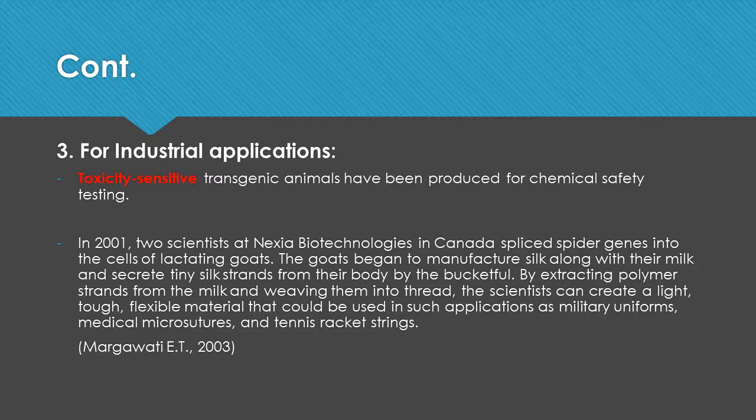So they produced a transgenic goat that not only produces milk but also a thread, a tough flexible material that can be used in various applications such as military uniforms, medical microstructures, and tennis racket strings.